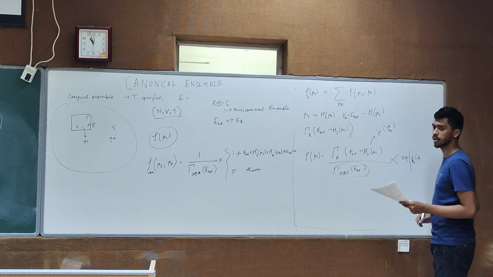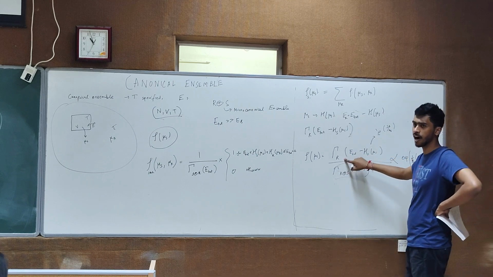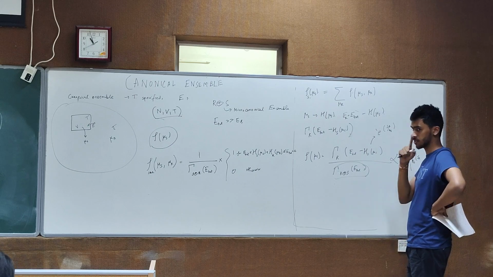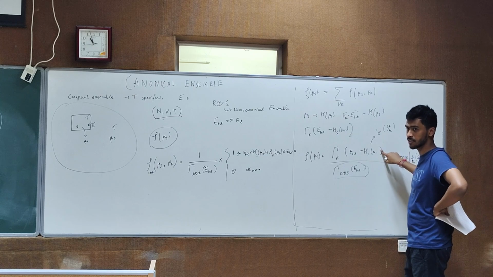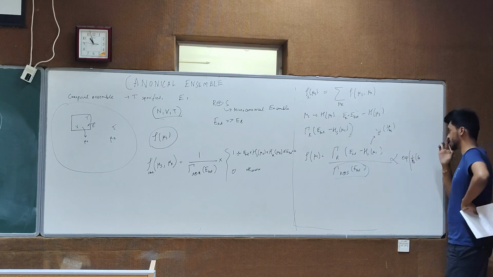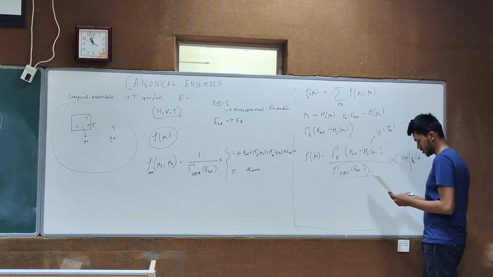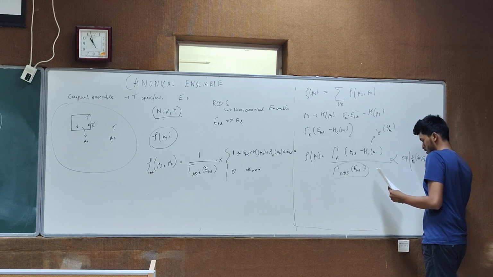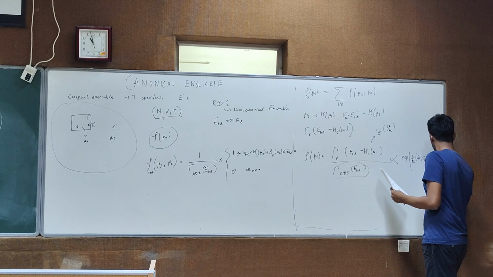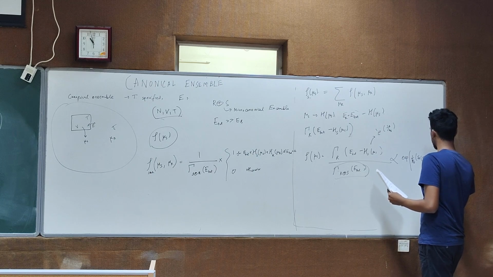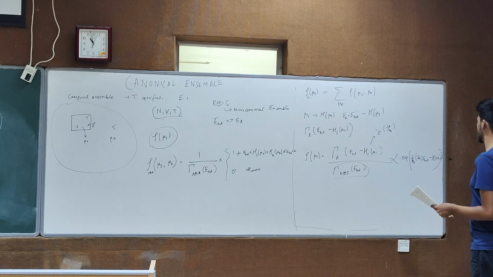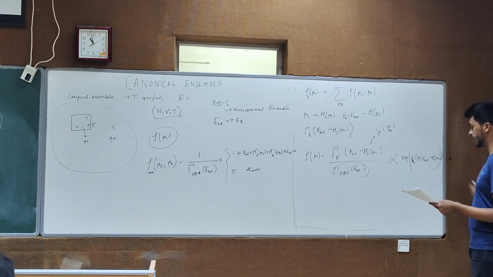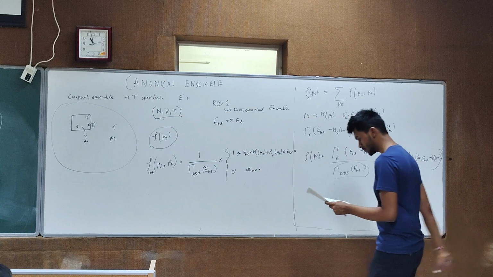What are we writing there? Because gamma R is such that kB log gamma is S, right? So this is the entropy of the reservoir. You need to put the entropy of the reservoir at this energy of E total minus the energy of the system.